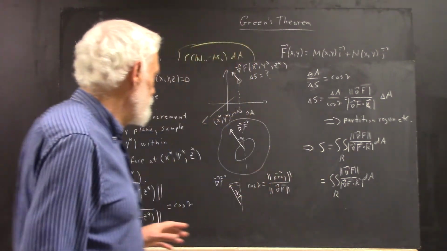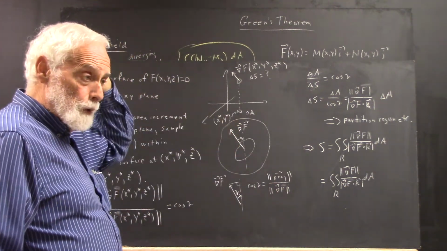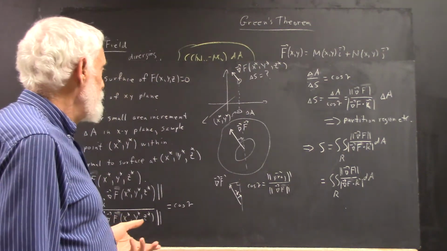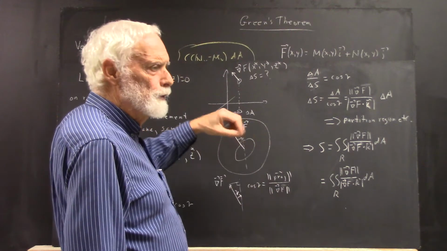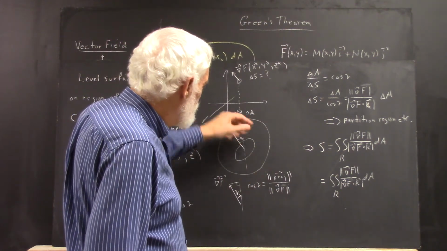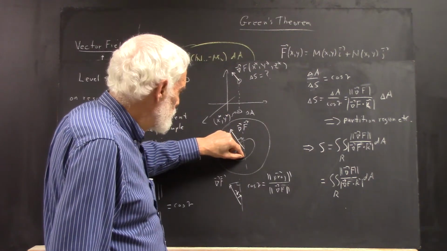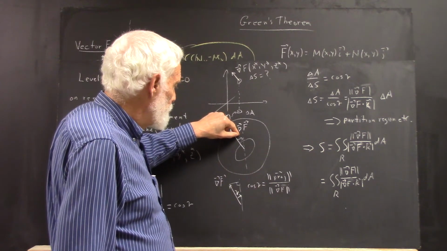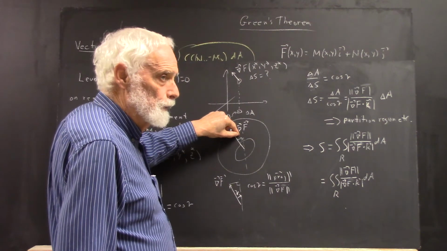And the whole idea of confining attention to one small increment is where the deviation of the surface area, the ratio of the actual surface area to the surface area of a plane region orthogonal or perpendicular to the gradient is, now what did the rest of my sentence say.